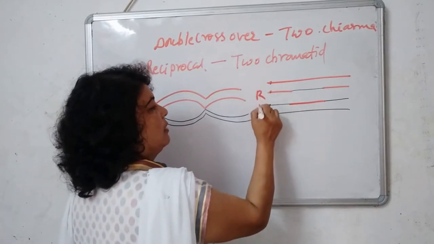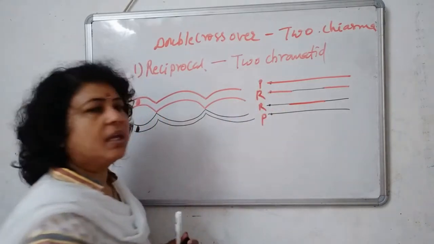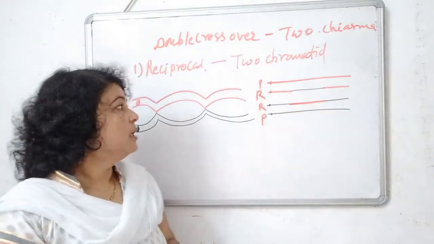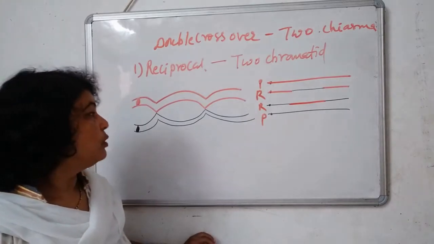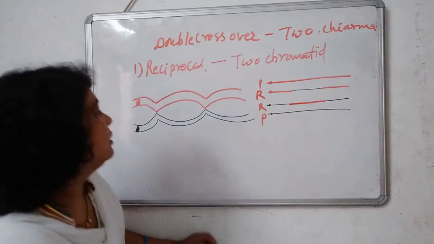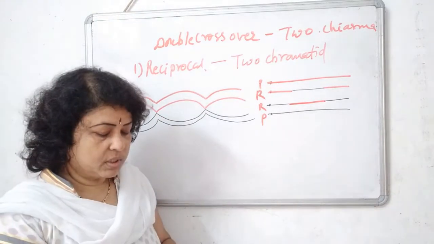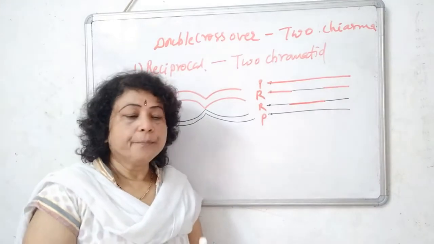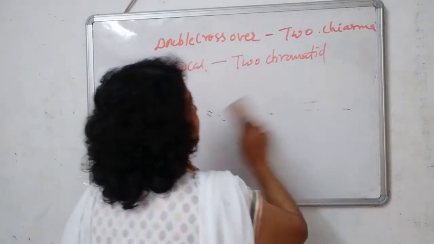So recombinant is denoted by R and parental by P. So even though it is a double crossover, only two non-sister chromatids are involved in the crossing over. Then the next type is the complementary crossing over.